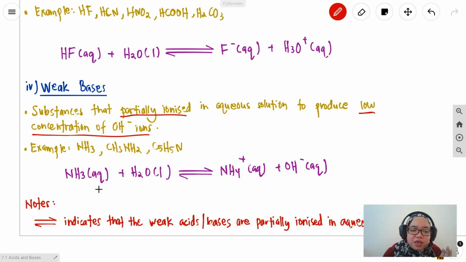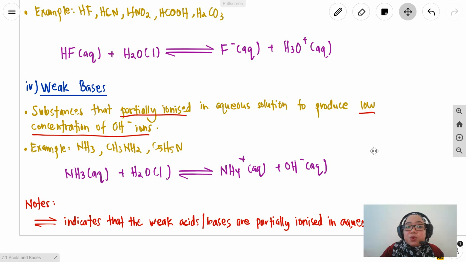So we have NH3 aqueous reacting with water to form NH4 plus ion and hydroxide ion. Examples of weak bases are NH3, CH3NH2, and C5H5N. So we have learned the four types of acids and bases, which are strong acids, strong bases, weak acids, and weak bases, along with their examples.